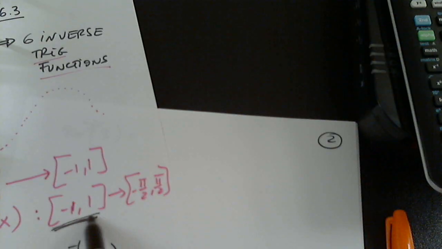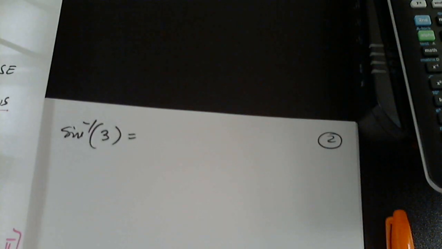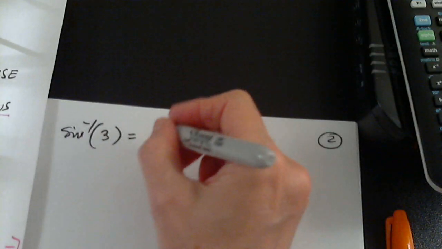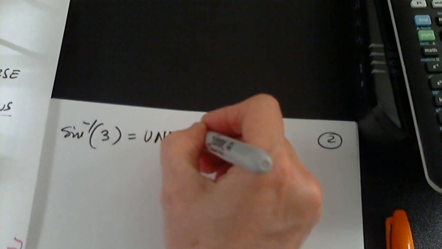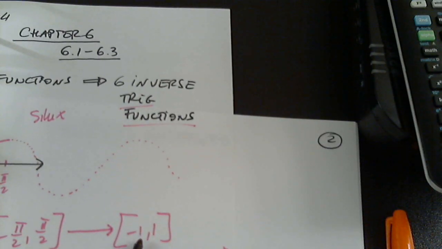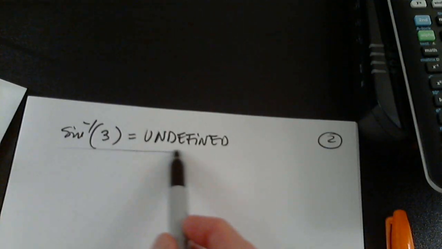What will you say about sine inverse of 3? Please? That you can. Excellent. There is no angle whose sine is 3. So this is not possible.